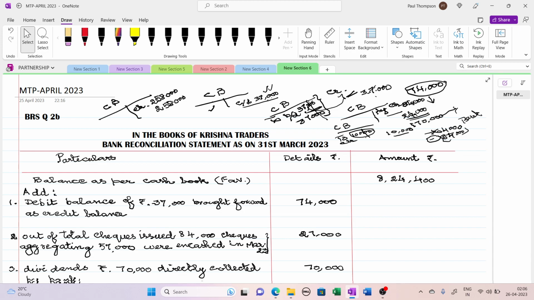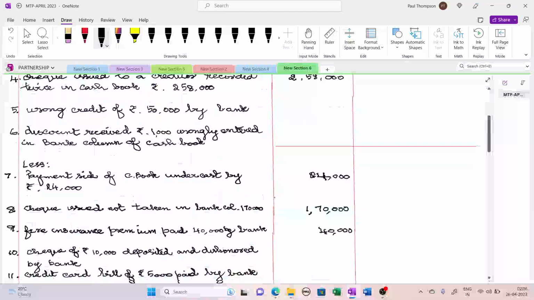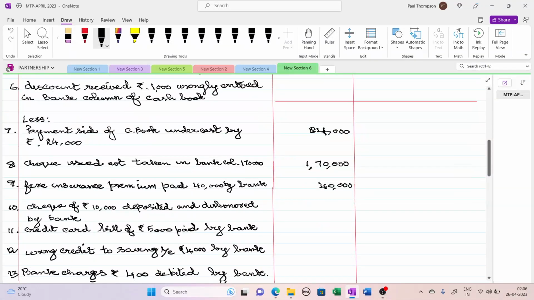So in my book, the balance is more by 10,000. But in bank, the balance would not have increased, because the check has got dishonored. So dishonor of the check, here we will come 10,000 rupees. So one by one item we can make like that.